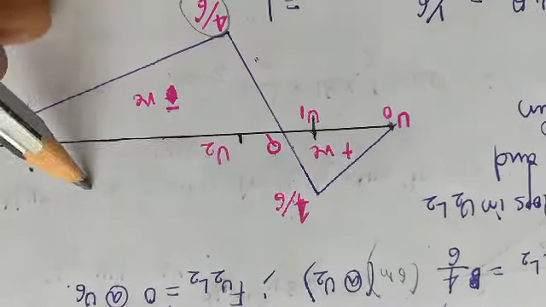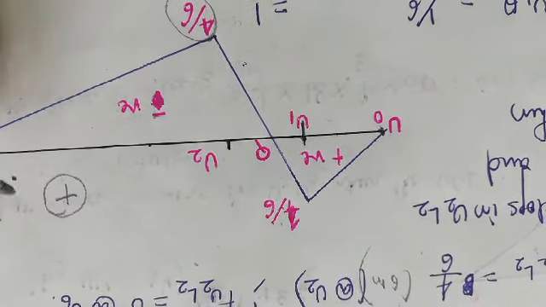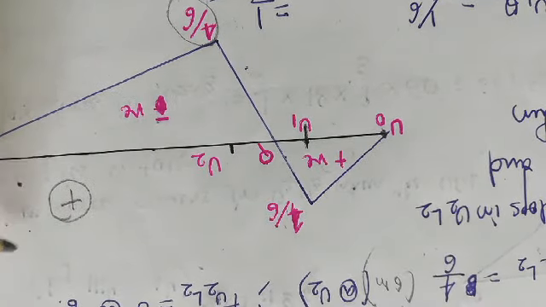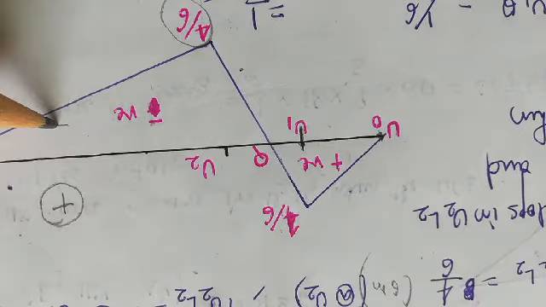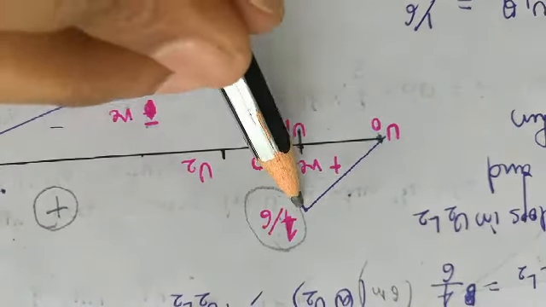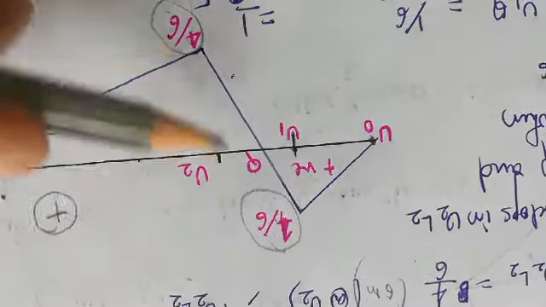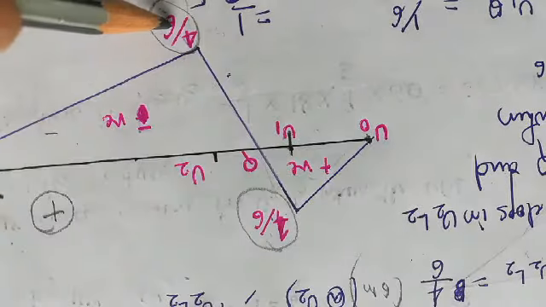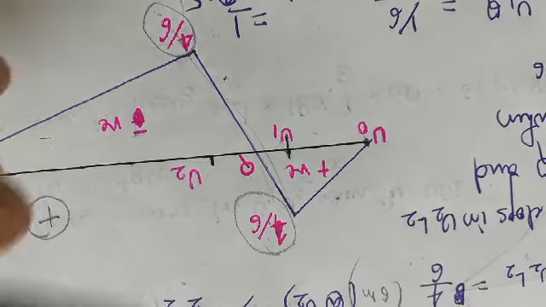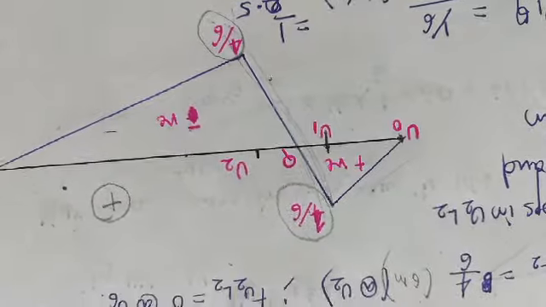We always use the sign convention that the positive is drawn on the top of the neutral line and the negative at the bottom. So I have drawn 1 by 6 on the top and 4 by 6 at the bottom, and joined them with a linear line, because the variation of the force is linear, not parabolic or anything. That's your influence line diagram.